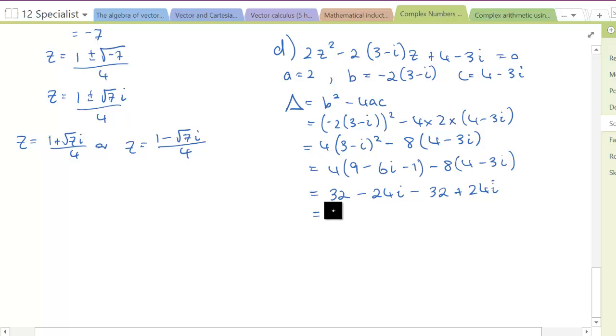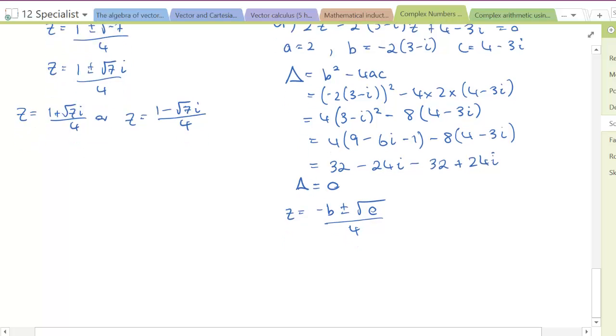Now this ends up being 0, so we get a discriminant of 0, which makes our life a lot easier, because now we say that z is equal to negative b plus or minus the square root of 0 on 2 times a, which is 4.